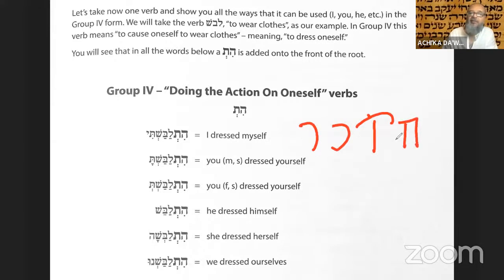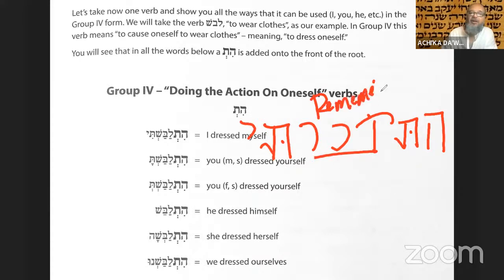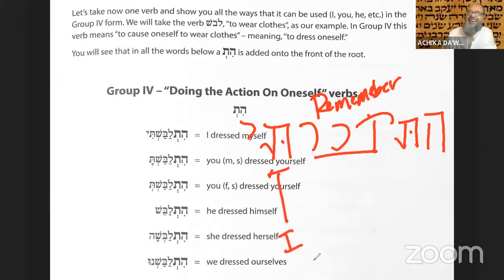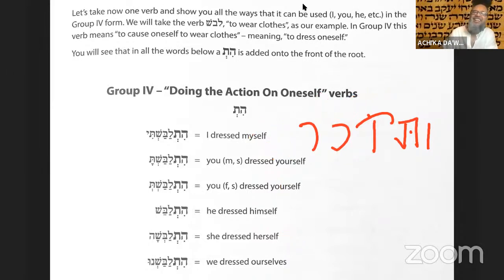Put a tav right here and a hey right here, and the tav on the end. Again, this means remember. So say it: I reminded myself. You understand? That's what it is. We're just not used to it. You can't remember yourself. I can't eat myself. That sounds crazy.